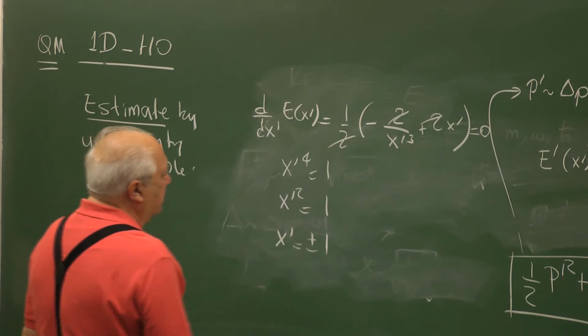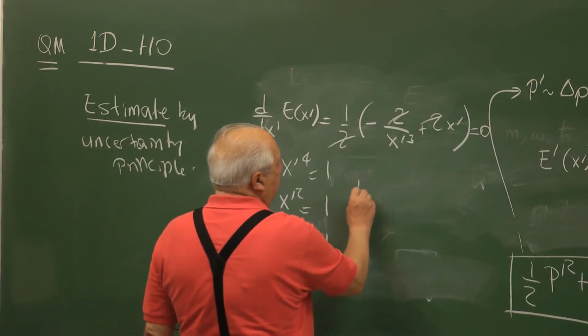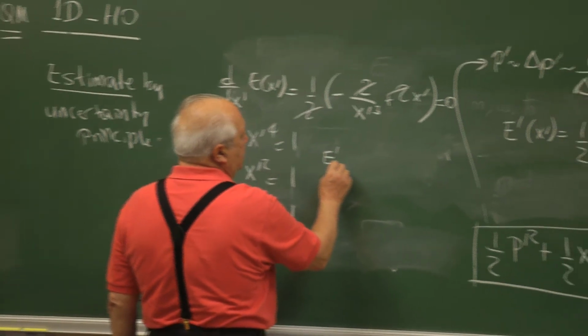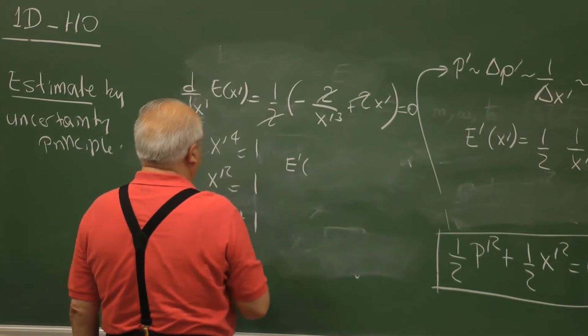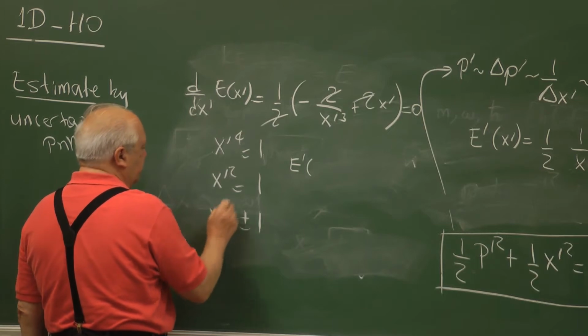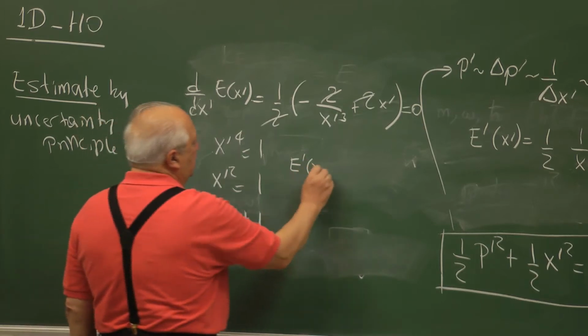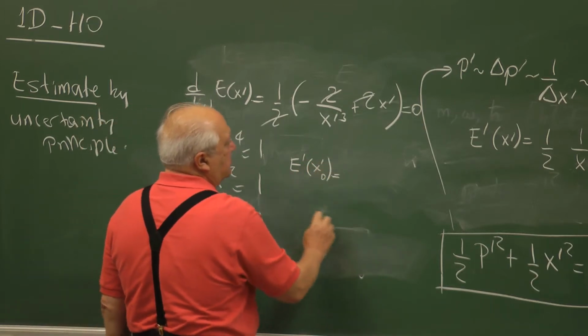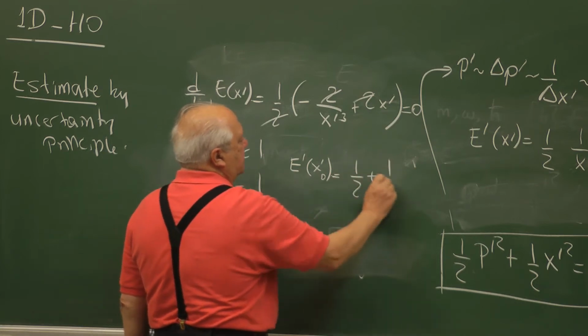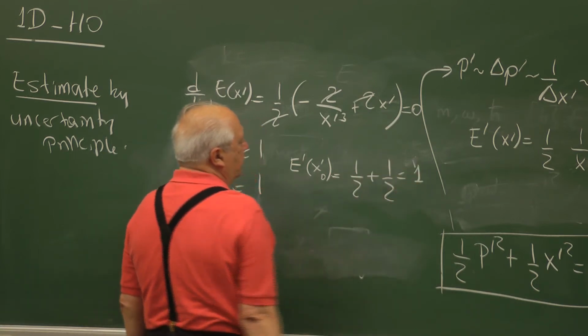Therefore, the energy takes the form E prime of x prime 0, which solves this equation: 1/2 plus 1/2 is equal to 1.